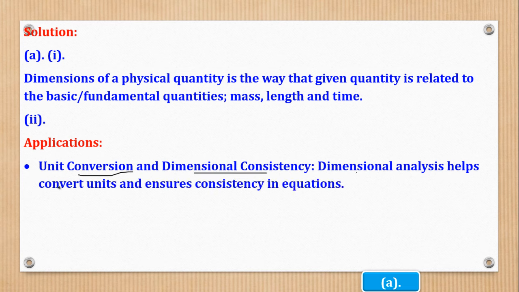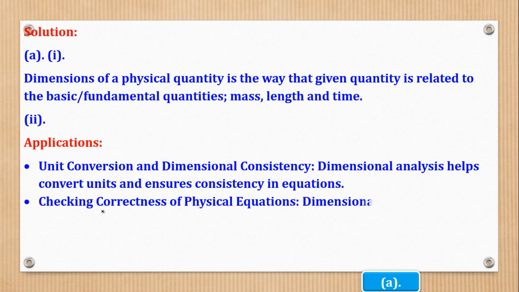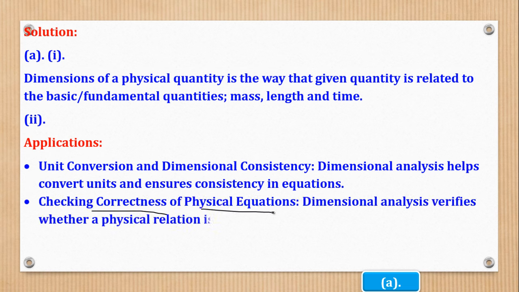So this helps us to convert units and ensure consistency of equations. 2, it helps us to check the correctness of physical equations. So we can use it to verify whether a physical relation is dimensionally correct.